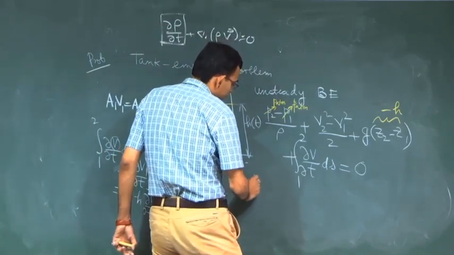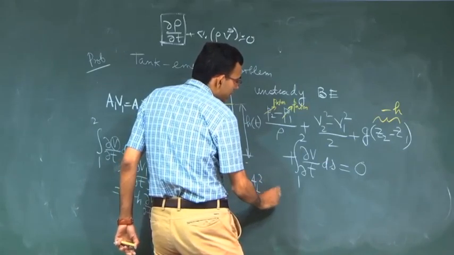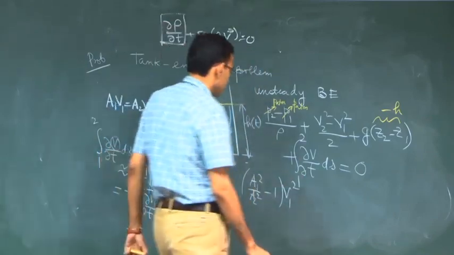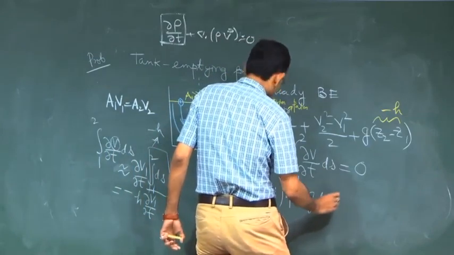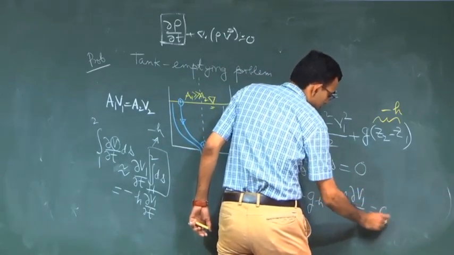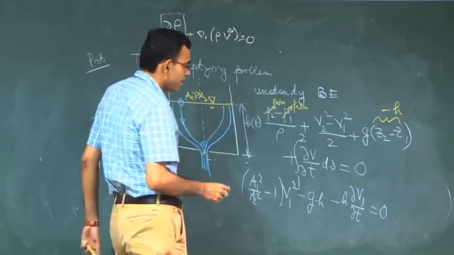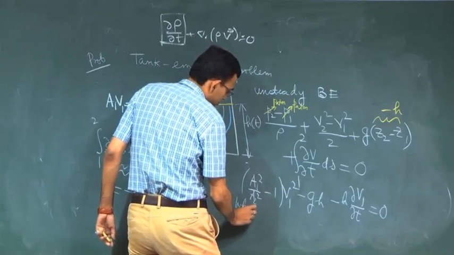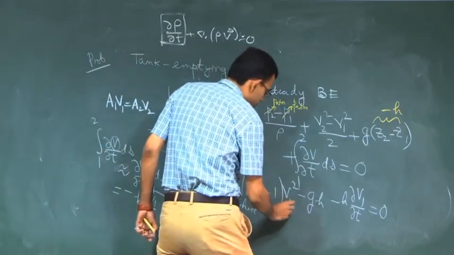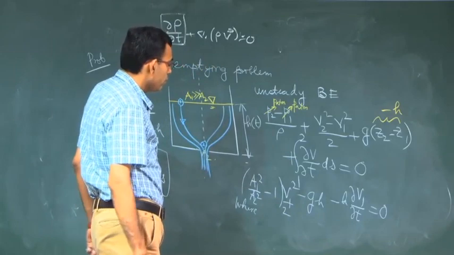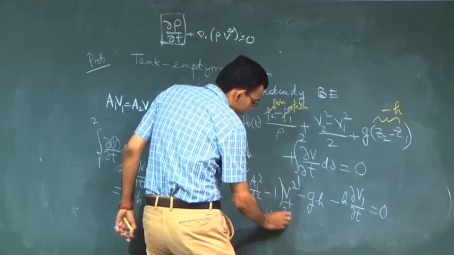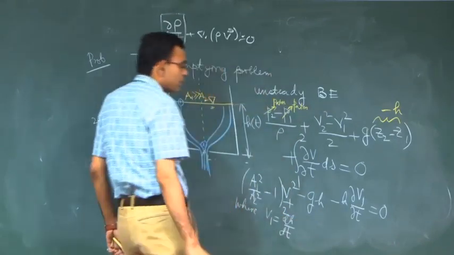So, we can write A1 square by A2 square minus 1, where V1 is dH dt.